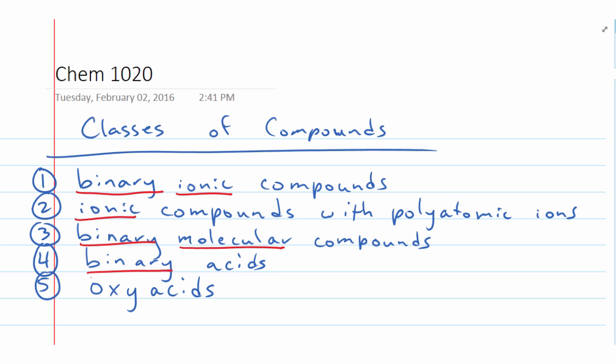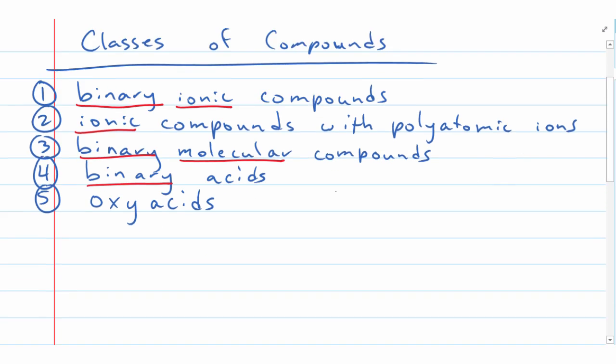Then, let's see, we have not yet defined acids, so let's define acids. Acids are defined like this. We say that these have hydrogen, so we say hydrogen is present and written at the front of the formula.